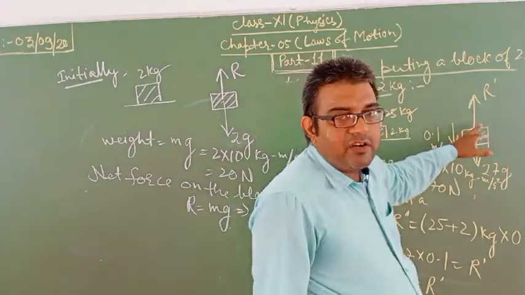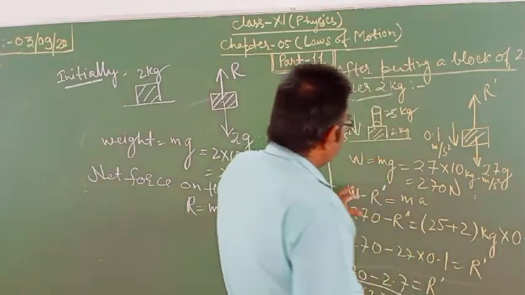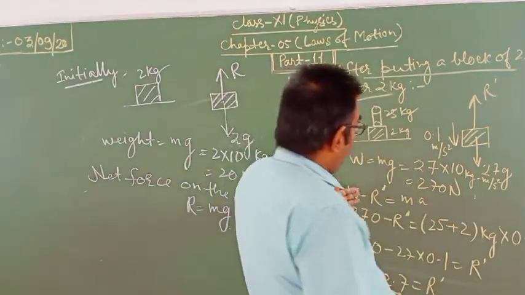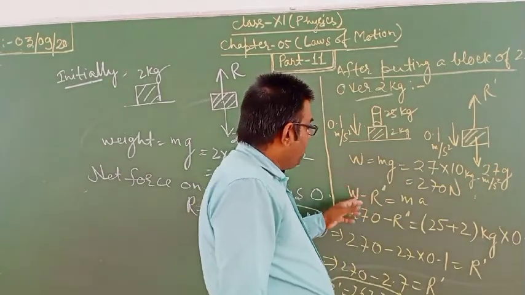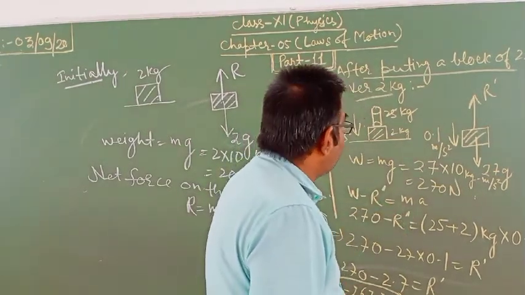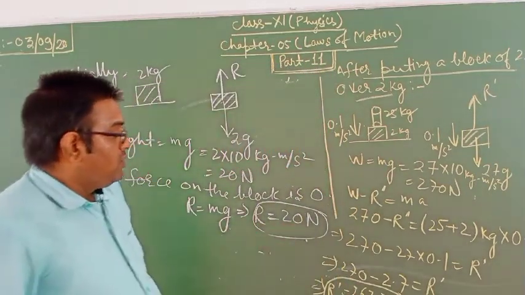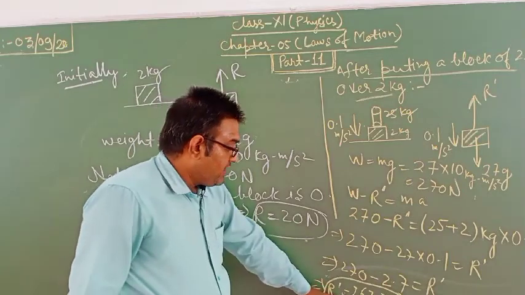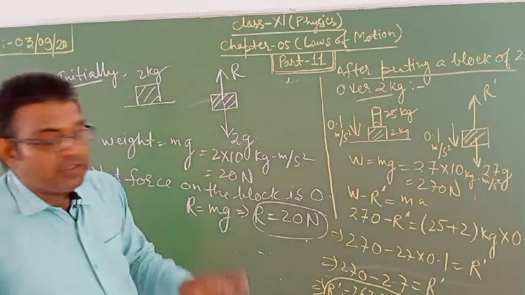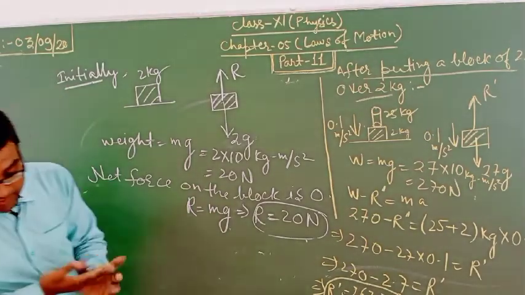After that we drew the free body diagram, and since it is moving downward, we calculated the net force for the equilibrium condition, W minus R dash is equal to Ma. From here we calculated the normal reaction: in the first case it will be 220 Newton, and in this case the normal reaction is 267.3 Newton. So this is the first numerical.